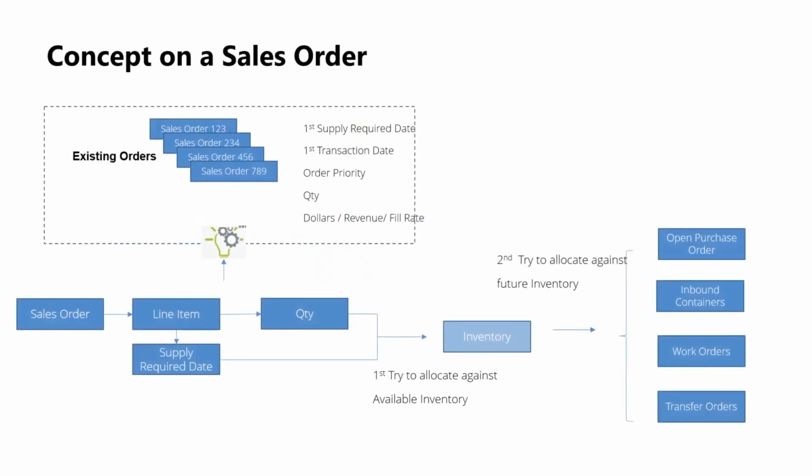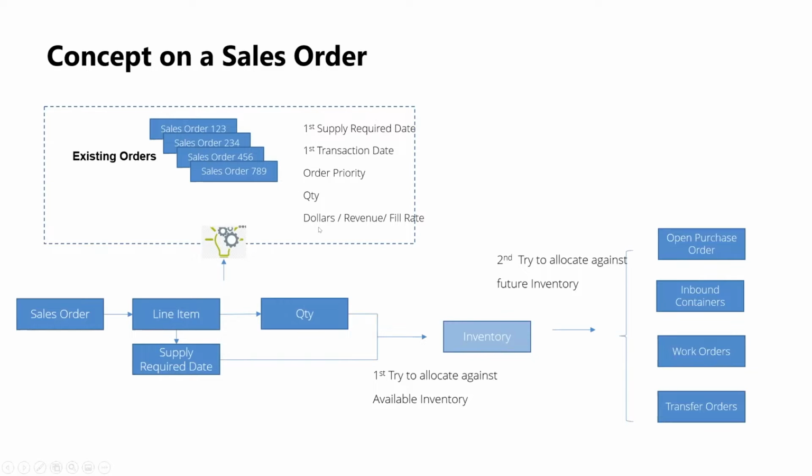Is just as an example of a sales order, as you enter that sales order, right, the system's looking at a supply required date, and it is looking for inventory, right? But it's also competing against existing orders that are already in the system. So think of it, all of those other customers that are already there, but who's more important? Who wants it first? Who got there first, right? Order priorities.